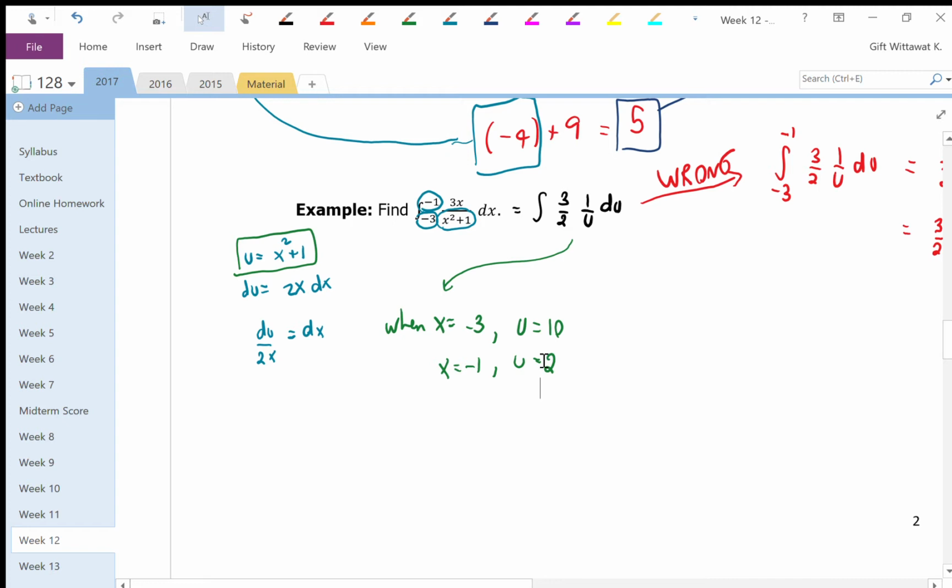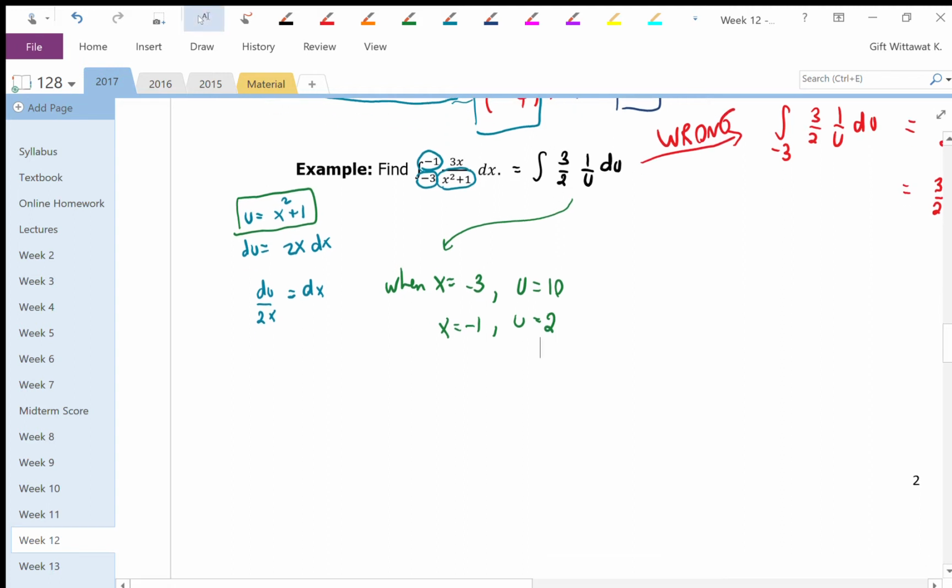So that makes sense? So when I have this integral, I'm going to have the integral of 3/2 times 1 over u du. But instead of running from -3 to -1, which are values of x, it corresponds to the values 10 and 2 of u. So I actually have to make that change.